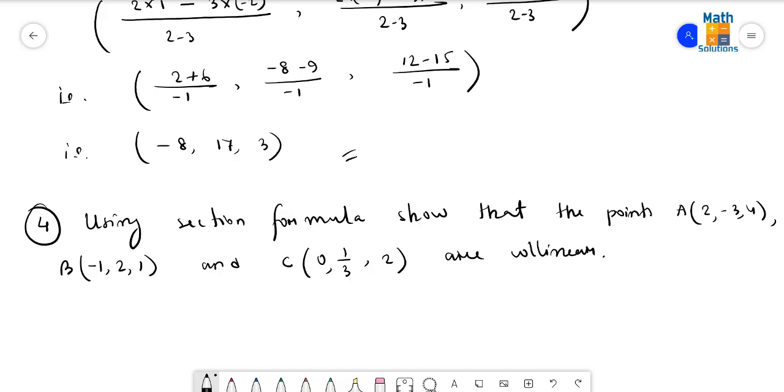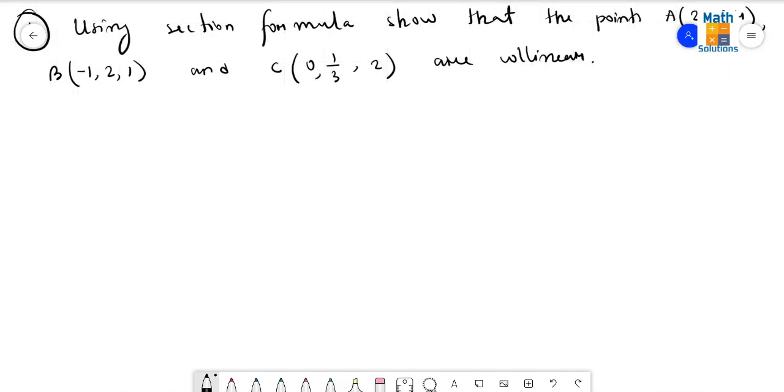So we have to show collinearity here. We mean to say that the points A and B are lying in the same straight line, and we are to show that C is also lying on this line.